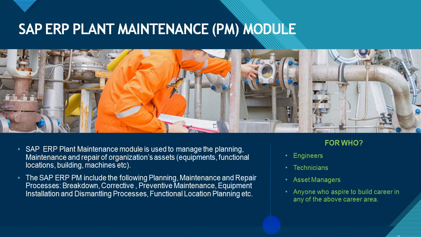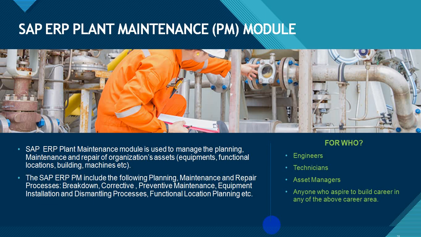SAP ERP Plant Maintenance, PM for short. The SAP ERP Plant Maintenance module is used to manage the planning, maintenance, and repair of organizations' assets like equipment, functional locations, buildings, machines.